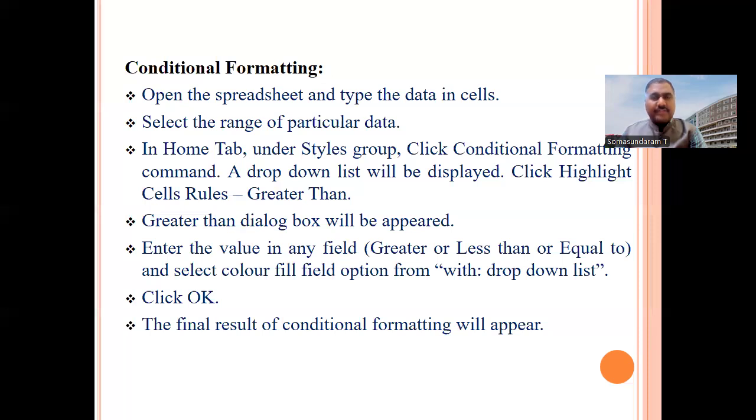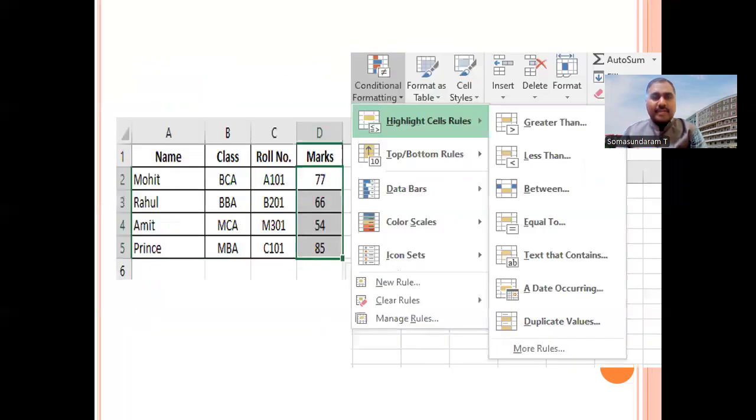If you click it, it will show you different navigation: greater than, lesser than, equal to, icon sets or data bars, whatever it is. You can choose the respective condition, apply it, and click OK. You will get the final result. These are the steps you can follow for applying conditional formatting. And this is a screenshot of the conditional formatting icon and the navigation.